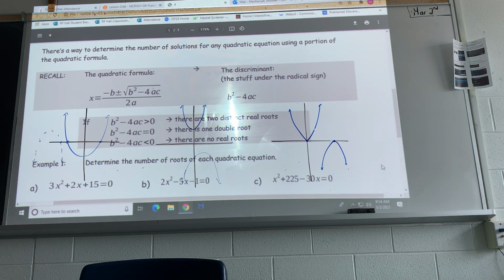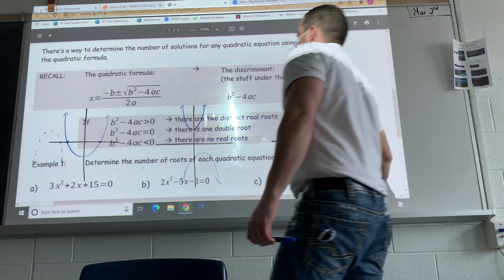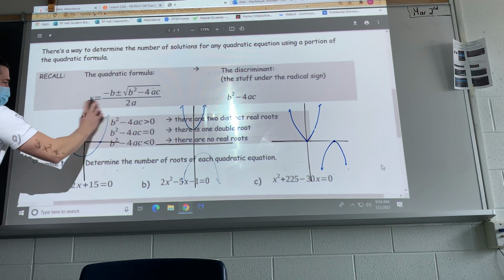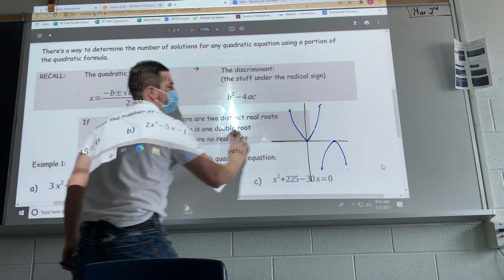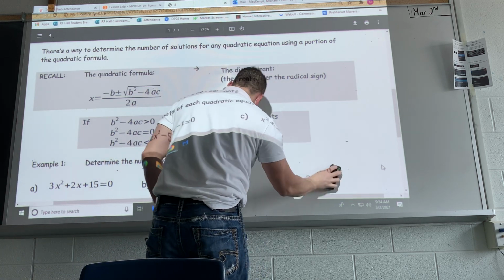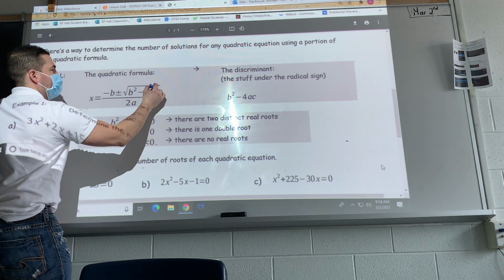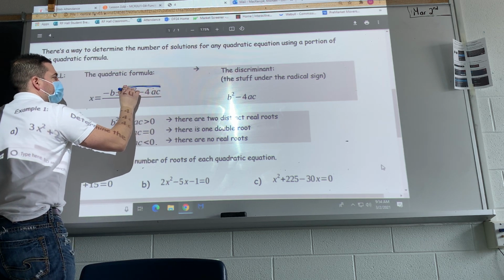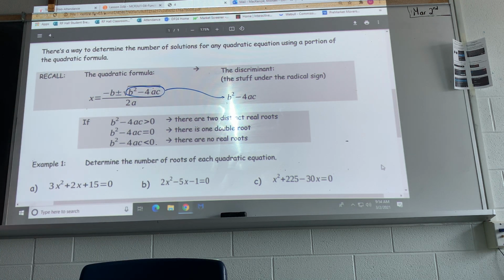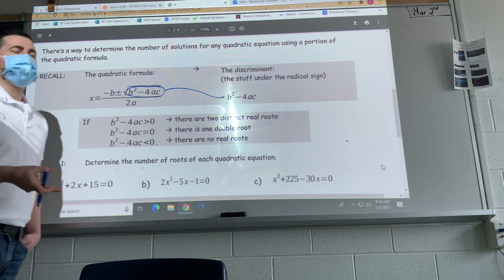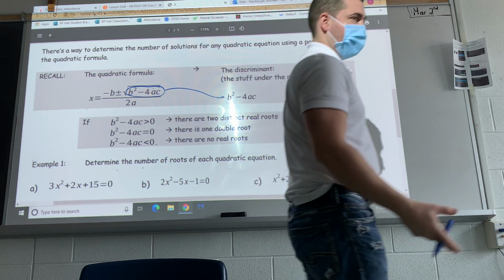You want to? Okay. So what we're going to do is take a piece of the quadratic formula and we call it the discriminant. Okay? So what we're doing is we're taking this piece under here and we're going to use that to calculate how many x-intercepts there are.